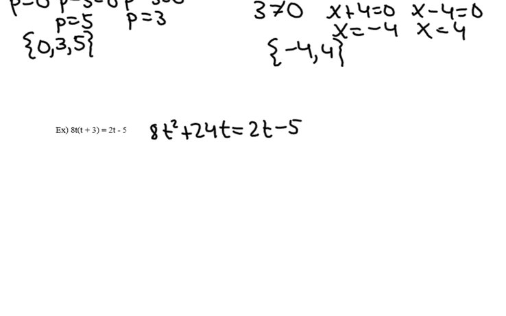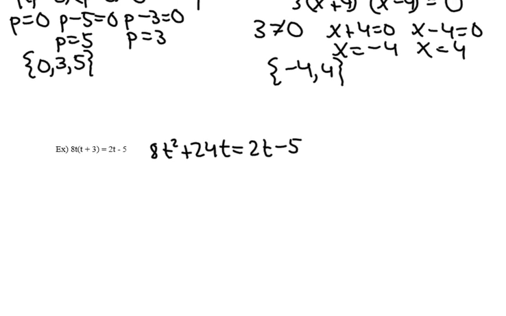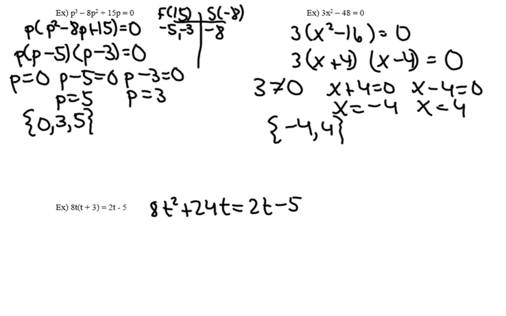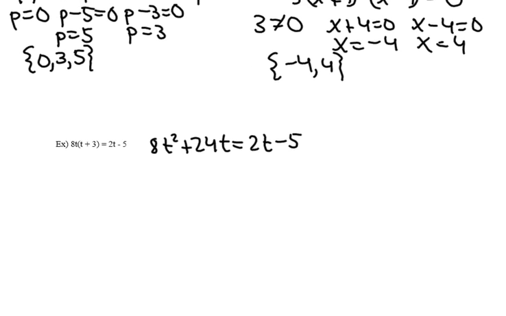Now, notice from the previous problems, both of the previous equations I had set equal to 0. So I'd like to set this quadratic equation equal to 0. So I'm going to bring over the 2t and the 5. That's 8t squared. When I subtract 2t from both sides, 24t minus 2t is 22t. And keep in mind, I'm going to add 5 to both sides, so that's plus 5 is equal to 0.